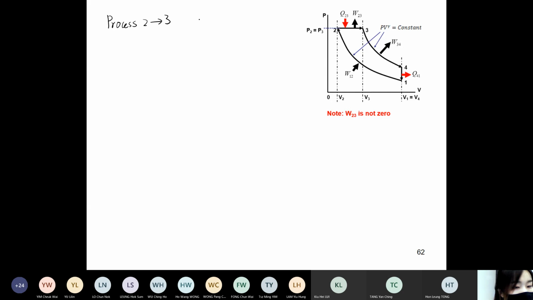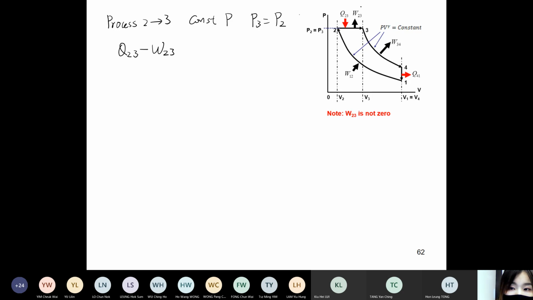What we have is constant pressure, so P2 equals P3. Also we have the non-flow energy equation: Q minus the work output.